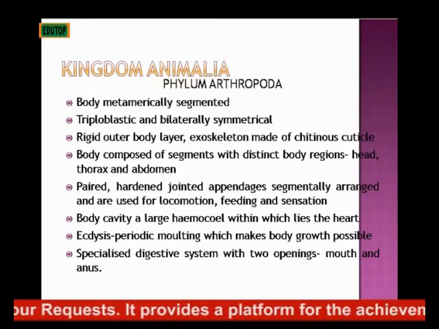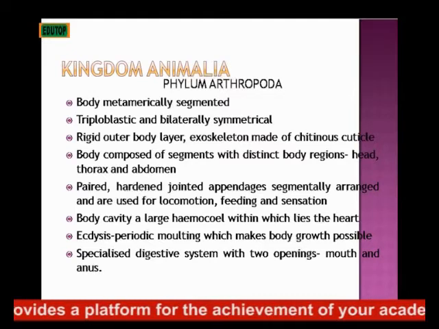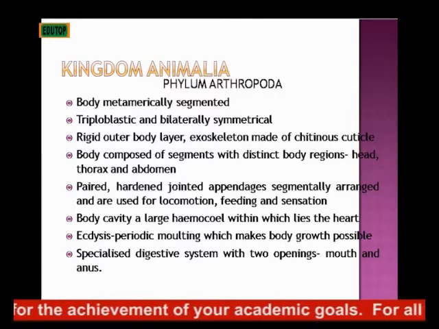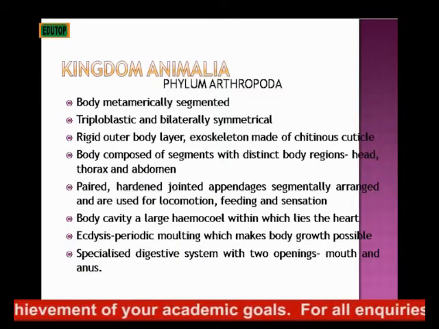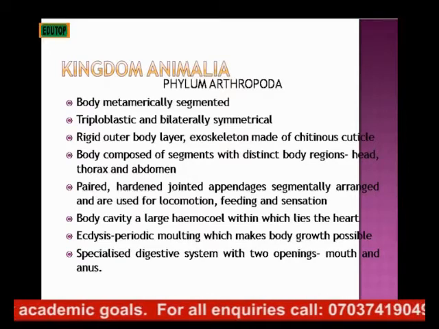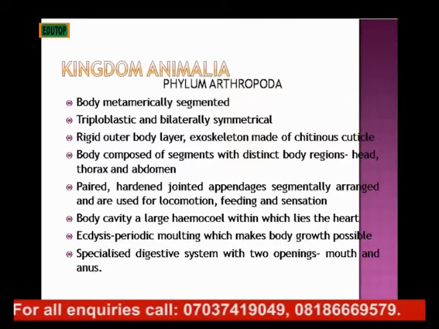Then they have pairs of jointed appendages, segmentally arranged and used for locomotion. They have jointed appendages that are used for locomotion, feeding, and sensation. Then they have a body cavity with a large haemocoel in which lies the heart.